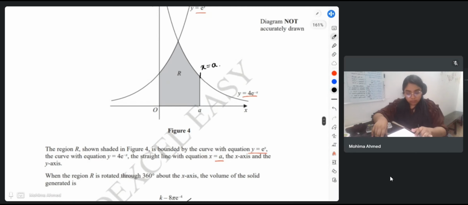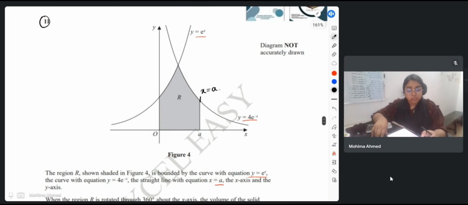Again, over here, obviously we can understand that this region is surrounded by curve 1 and curve 2. But curve 1 and curve 2 intersect at this section, and it'd be better if I divide this section into two parts. The first part is situated between the y-axis, x-axis, and curve 1, which is y equals e power x.